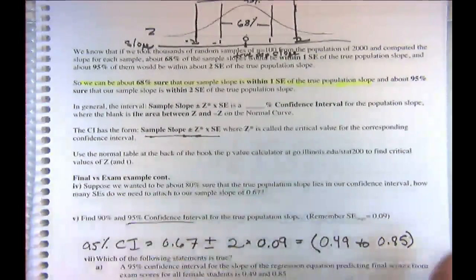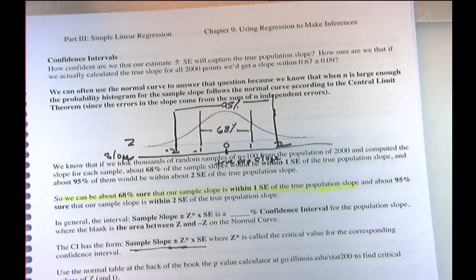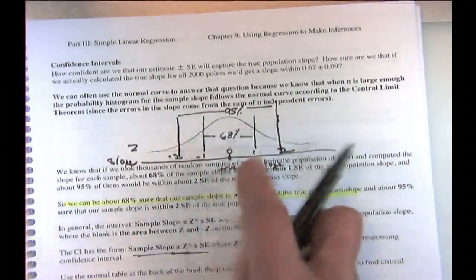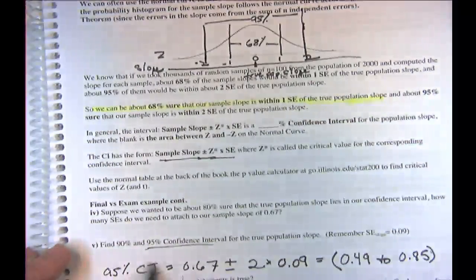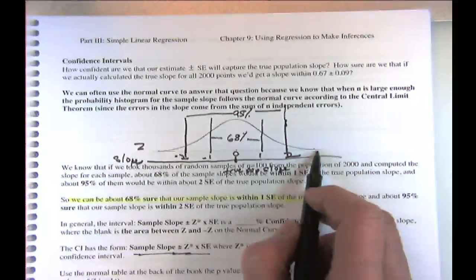So let's think about it and why we're doing this. Okay, so let's say you got 0.67 as your slope. This is your sample. You want to be 95% sure. So what are you 95% sure of? Well, this is a sampling distribution.